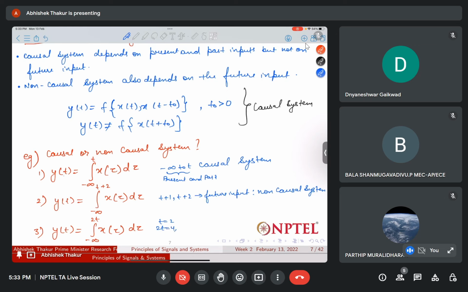Then again it depends on the future input, hence the system is non-causal. Understood? Any doubt?